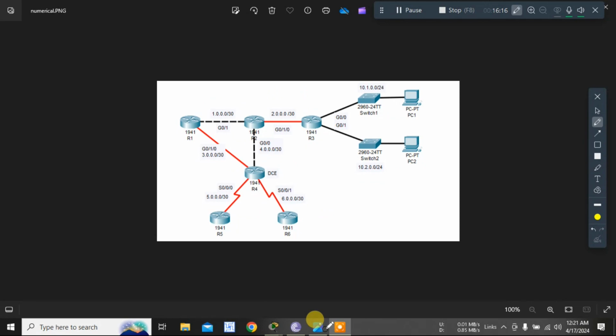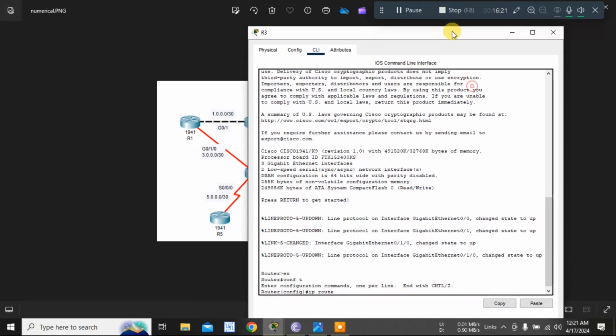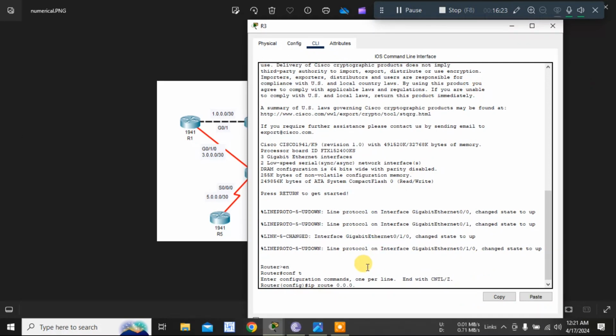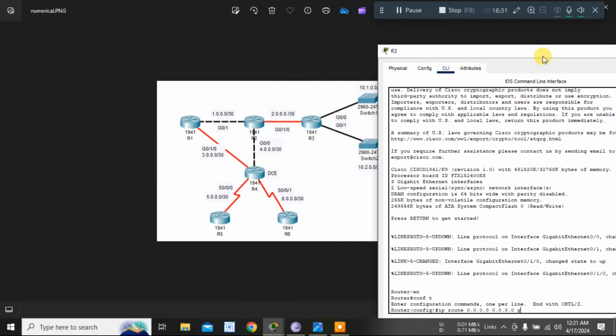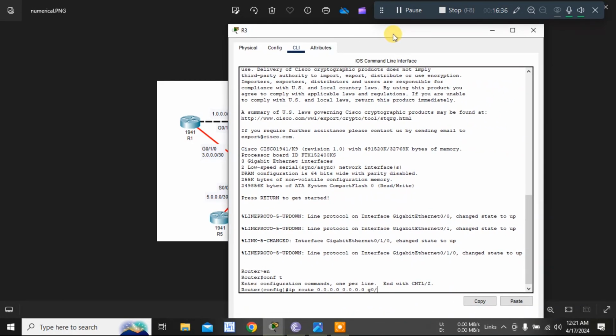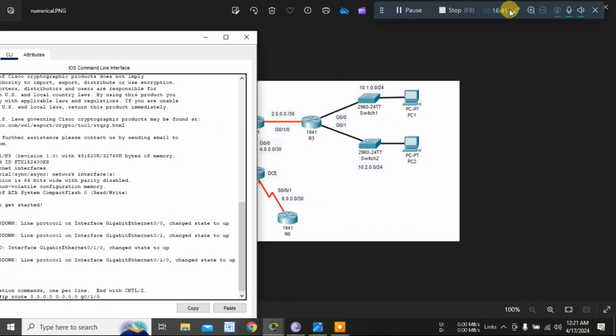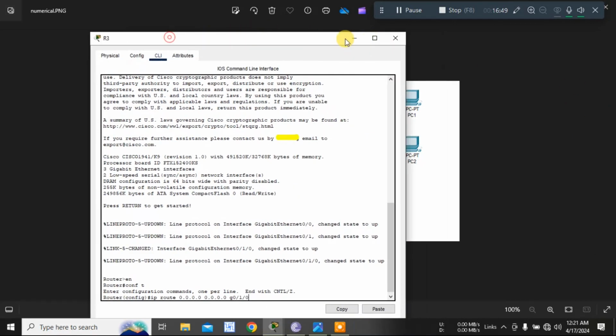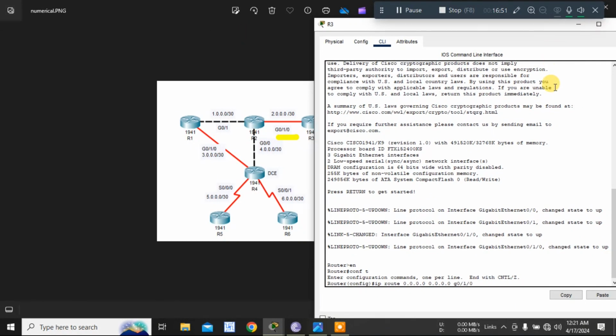So I'll directly write, in router number 3, 0.0.0.0 0.0.0.0 gigabit Ethernet 0/1/0, via this route. Which route? Via the route 0/1/0.